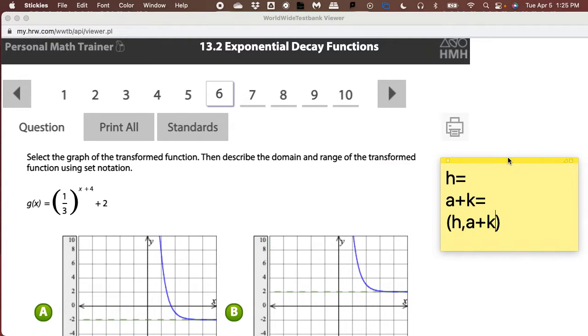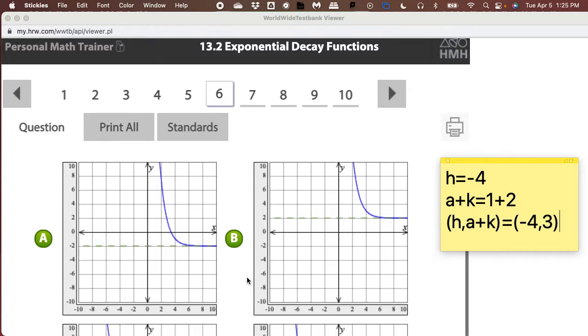My h is a negative 4. So if I put a negative 4 in here, my a is 1 plus 2. So my ordered pair emerges as negative 4, comma 3.